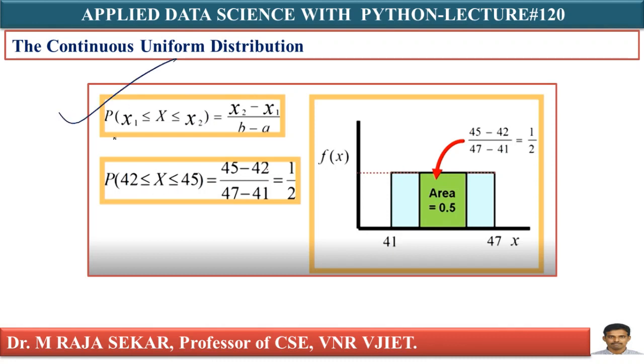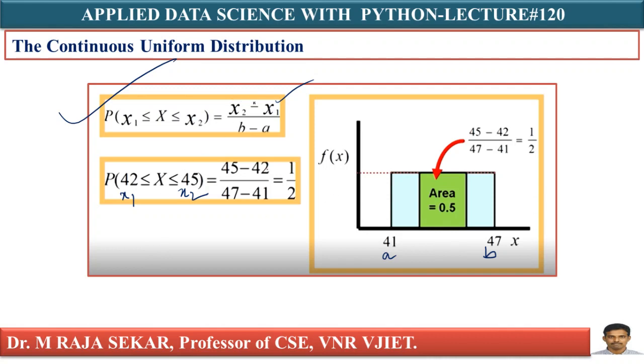Now, we will try to calculate the probability between 42 and 45. How can I calculate the probability between x1 and x2? This is the formula: x2 minus x1 by b minus a. This one is my x1, this one is my x2. A is 41, lower limit, b is 47.